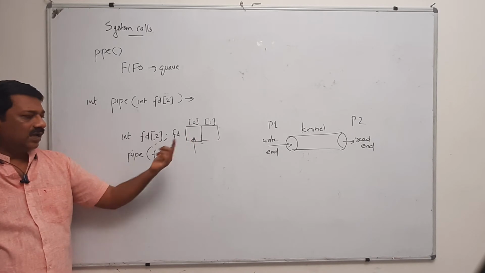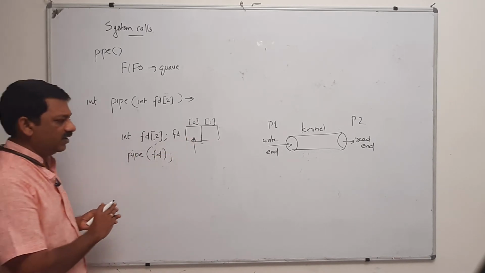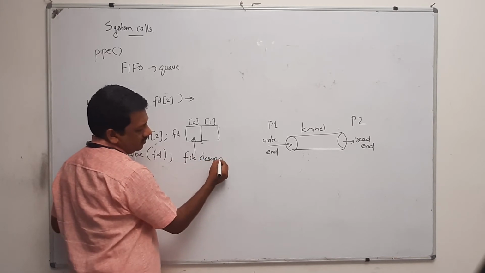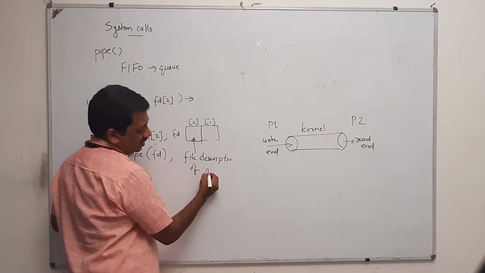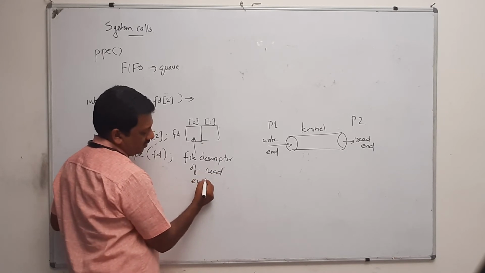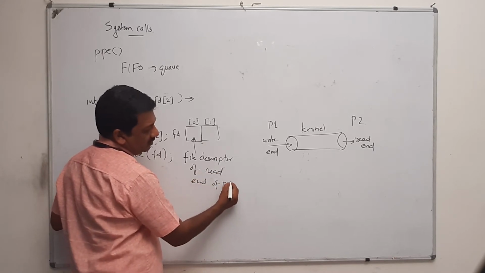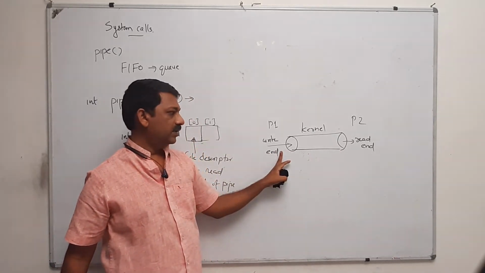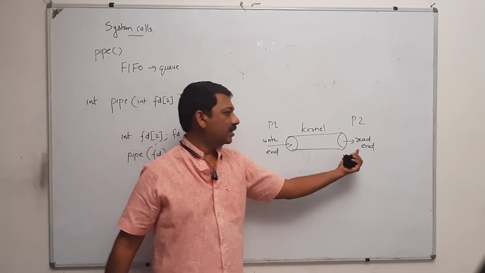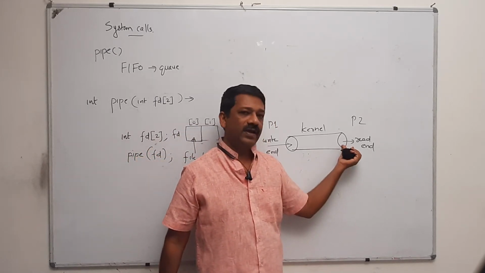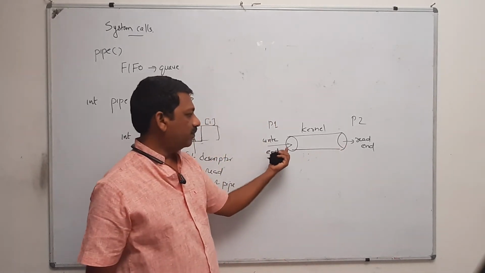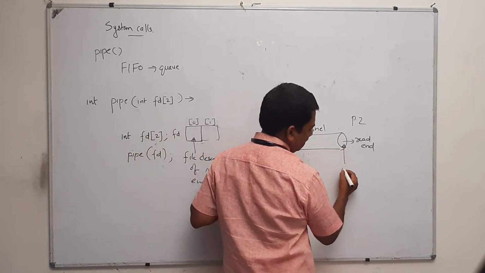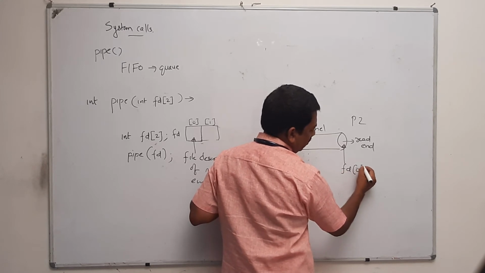The first location has the file descriptor of the read end of the pipe. Here this is the read end and this is the write end. The read end of this pipe has one file descriptor, and the write end of the pipe has another file descriptor. Now this read end is fd[0].